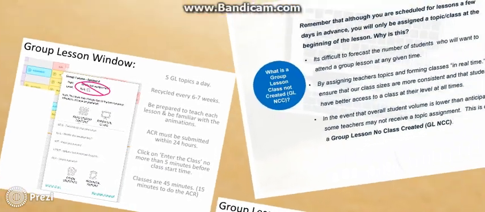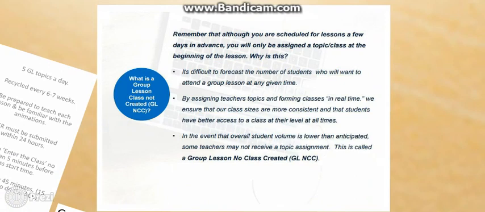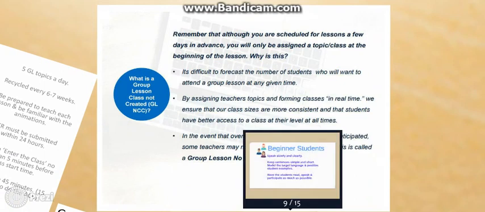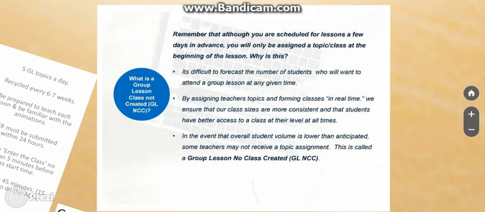Let's go ahead and just talk about why we assign classes in real time rather than assigning classes as the level suggests. So when we assign classes in real time, we allow ourselves to be what our students need. So for private lessons, students book in advance, but group lessons do not.